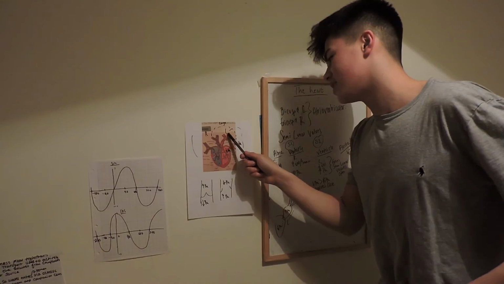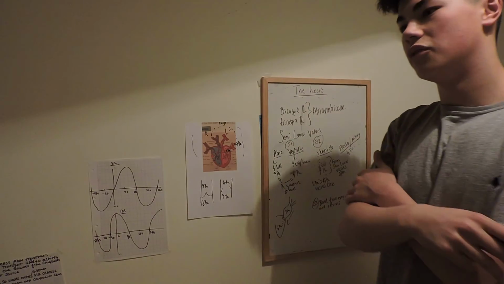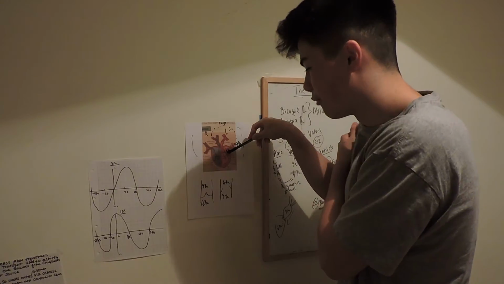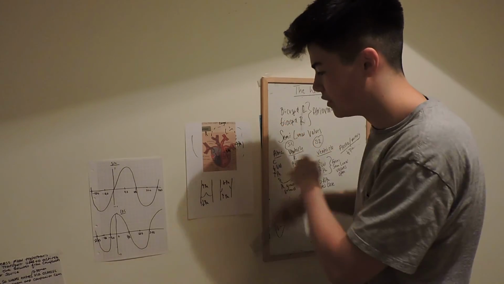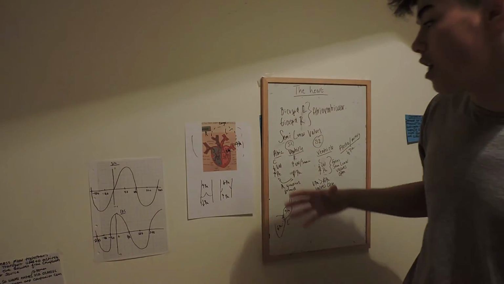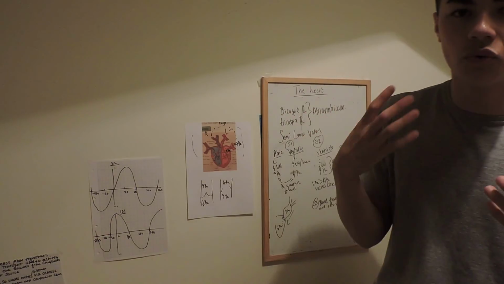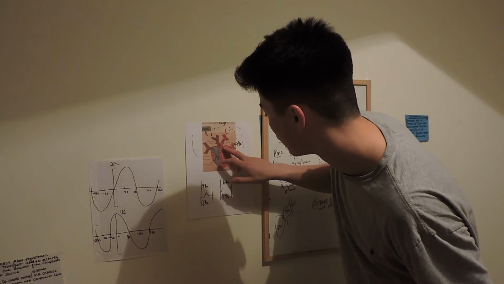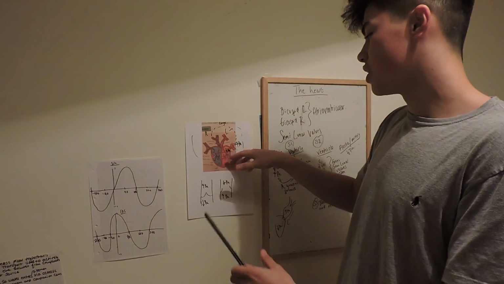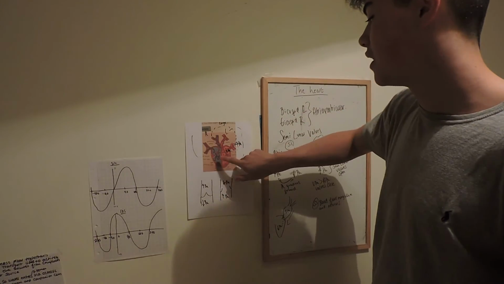Now what happens in this stage, when the blood comes back round after going to all of the organs, it will come back round and it will come into the atria. Now it will flow into the ventricle passively because this will already have a higher pressure. It won't need to contract or anything. The valves will simply just open because there's already that blood flow in here, which will cause the valves to open passively into the ventricle.